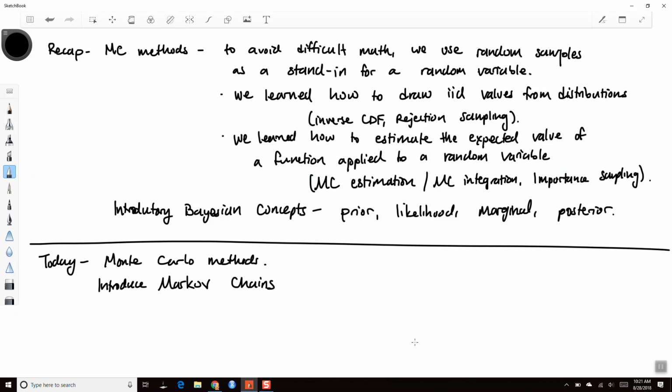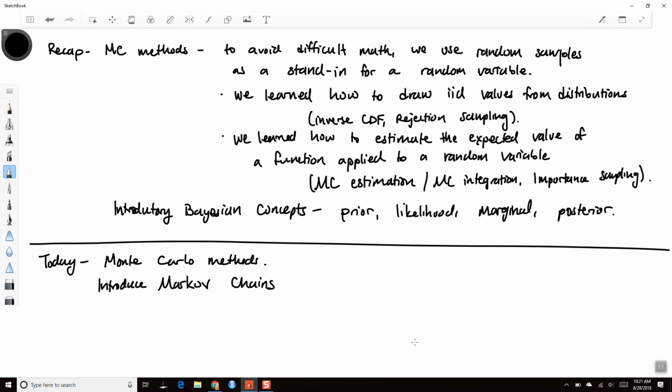And when you have a unidimensional distribution, these IID methods of drawing from a distribution are rather straightforward. Inverse CDF, rejection sampling, that's all fine.